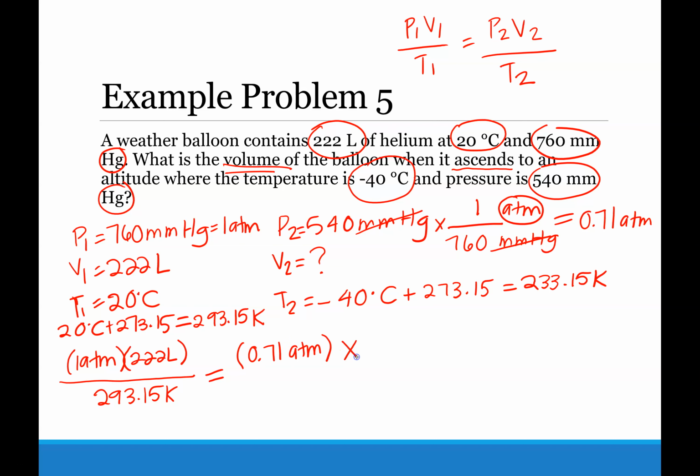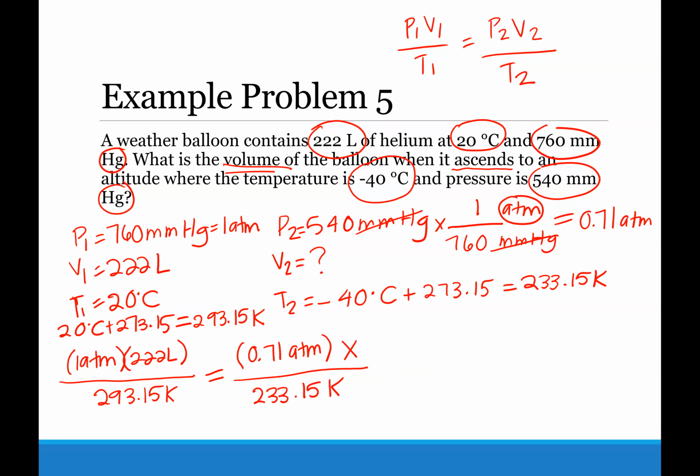V2 is X, that's what we're looking for, divided by the new T2, which is 233.15 Kelvin. So since we didn't cross multiply last time, I'm going to go ahead and cross multiply this time to show you guys how to do it, in case you've not had this in your algebra classes yet. I know some of you guys are currently enrolled in algebra now, since it's a co-requisite for the class, and so you may not have learned how to do this yet, so I'll go ahead and show you.